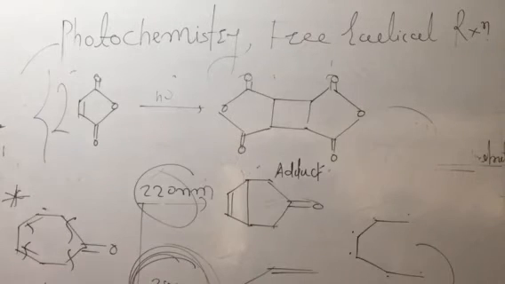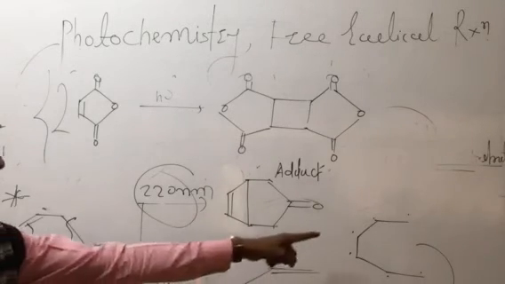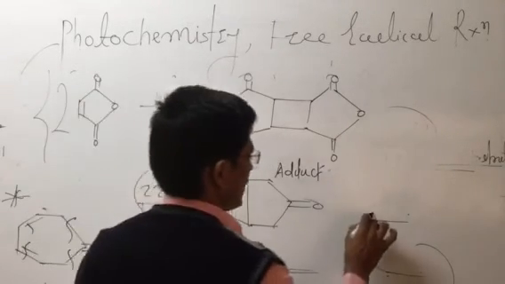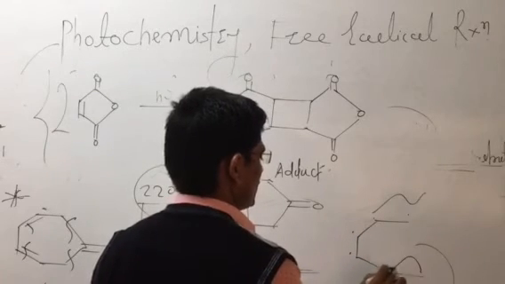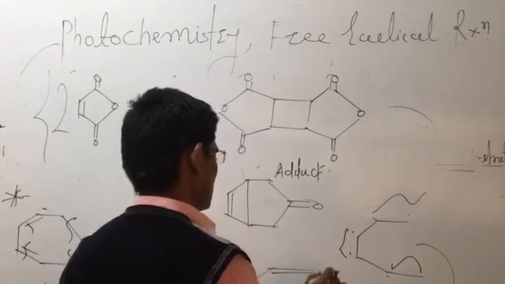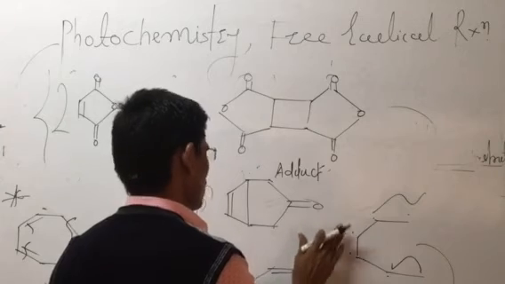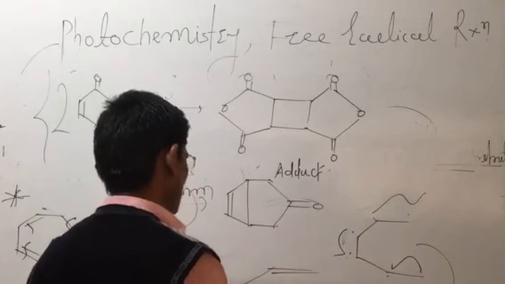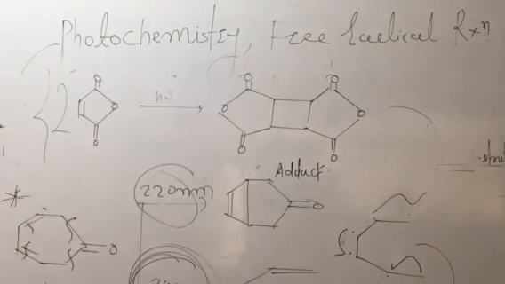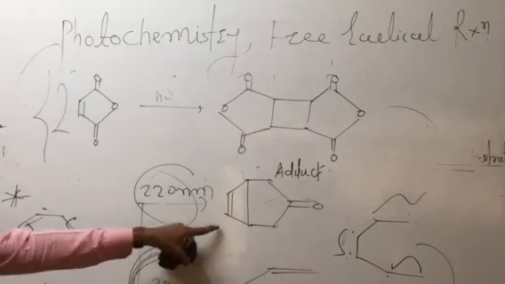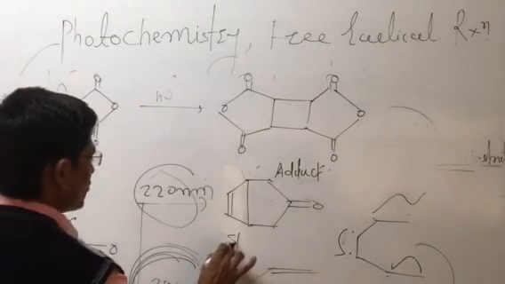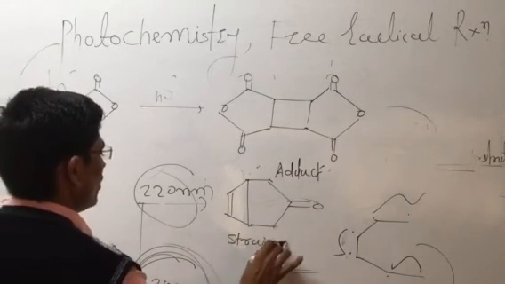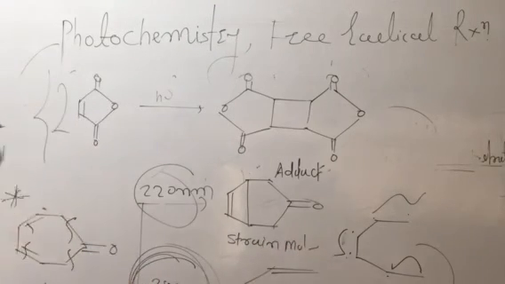The bond is broken homolytically. The radicals are formed, and this radical and this radical combine. Then a bond forms between the carbons. There is formation of the 3 pi bond, and here the formation of what? A strained molecule. A strained molecule.